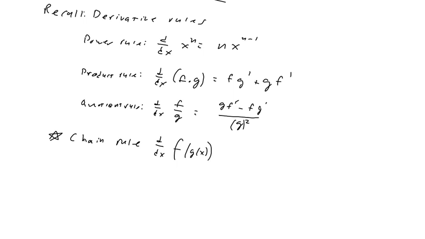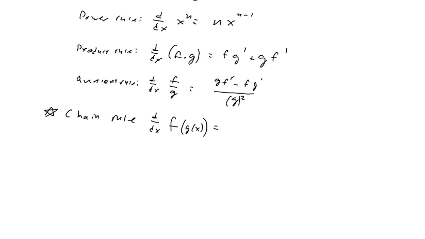When you have a composition of functions, one function inside another, I'll show you some examples of what that looks like. The derivative goes like this. You do the derivative of the outside, leaving the inside alone, times the derivative of the inside.